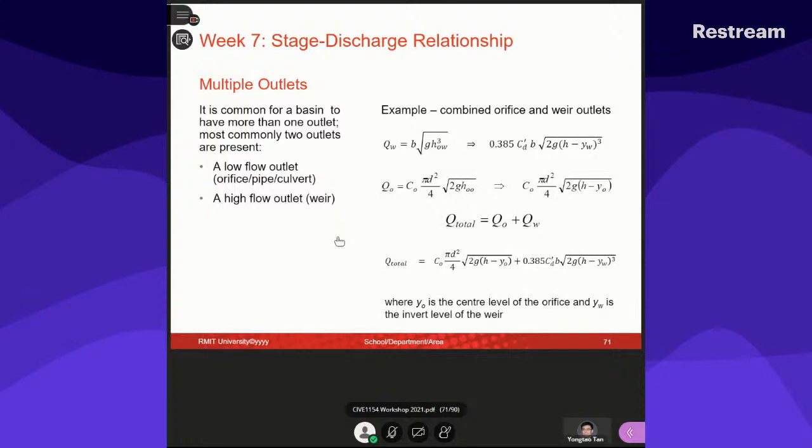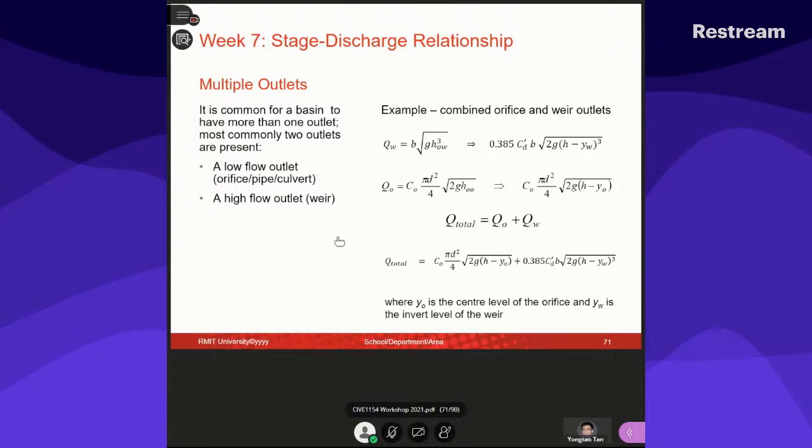So, multiple outlets. Most commonly there are 2 outlets used for the multiple outlet. One is a low flow outlet, for example the orifice or pad. Another is a higher flow outlet, the broad crest weir. Here is an example combining the orifice and the weir outlet.